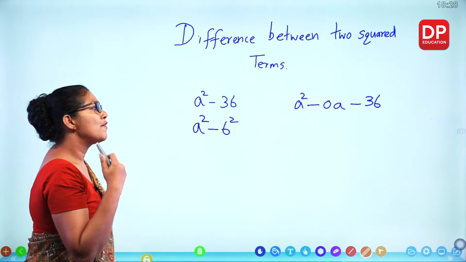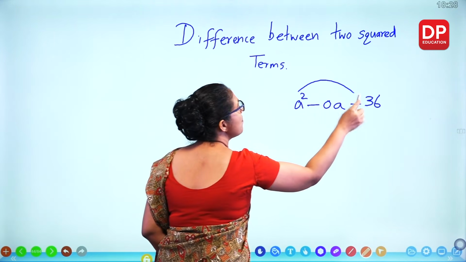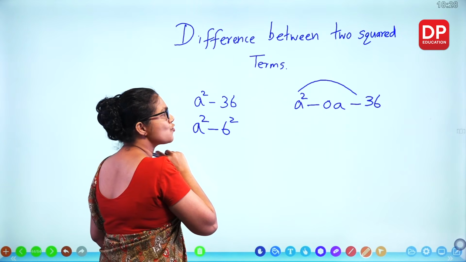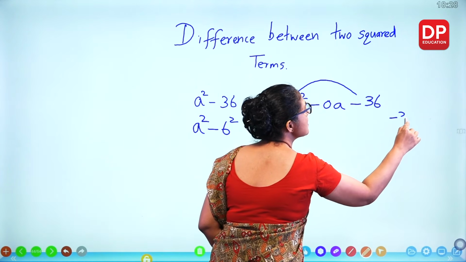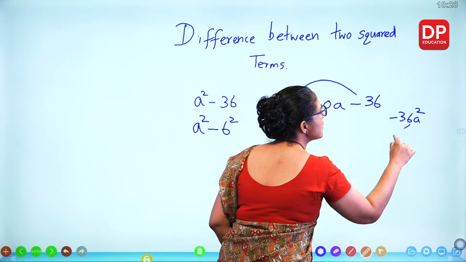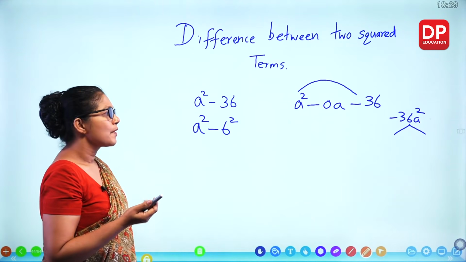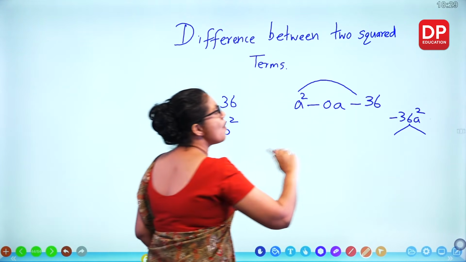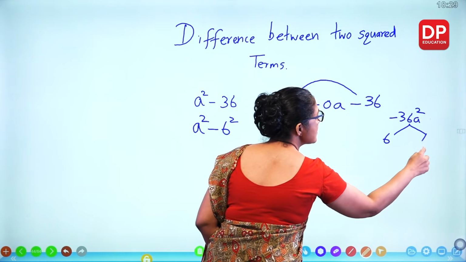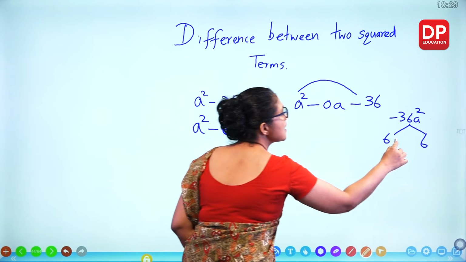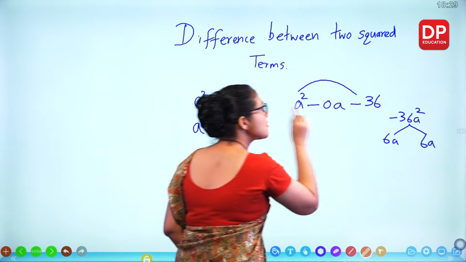Then what we do, like before, you multiply these two. So you get minus 36a squared. What are the factors of minus 36 to get 0? Here we know 6 and 6, but the middle term is minus.